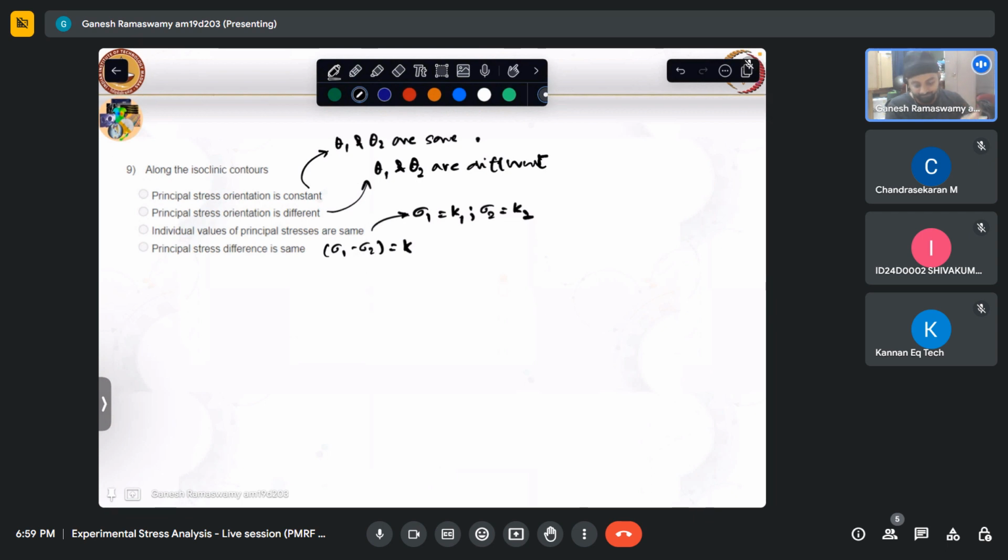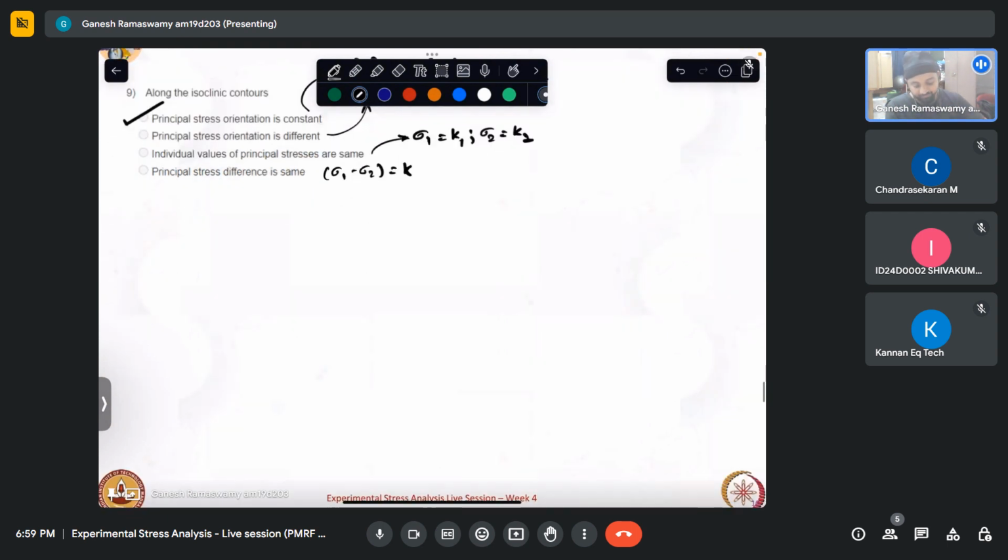So principal stress orientation, wherever it is the same, it is linked. And even in the lecture for one isoclinic fringe that is shown here, there may be a point here where our fast axis is like that, slow is like that.